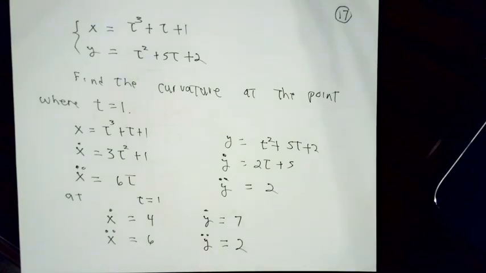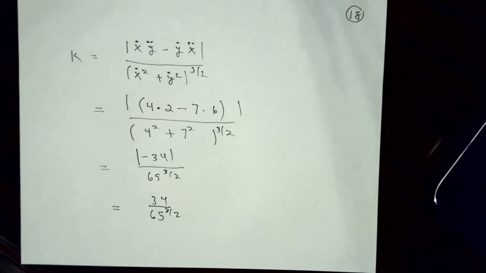I know all of the little pieces I need in order to write down the curvature. So writing the numbers in, taking the absolute value, cubing the speed, the curvature is 34 over the 3/2 power of 65. If you wanted, you could then turn that into a decimal number.